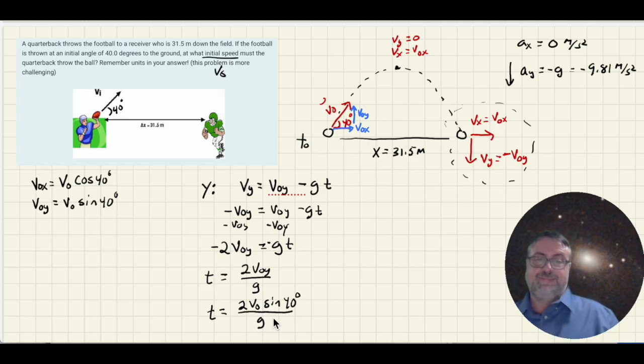Now, at this point, all I've done is use the motion equation in the y direction for the final velocity, and I get an expression for time. Now, I do not know what time is, and I do not know what V naught is. That means that I have an equation with two unknowns. So, math tells me that if I have two unknowns, I need two equations. Well, I've used the y direction, so let's use the x direction and come up with another equation.